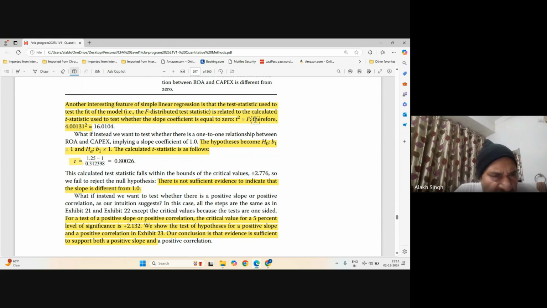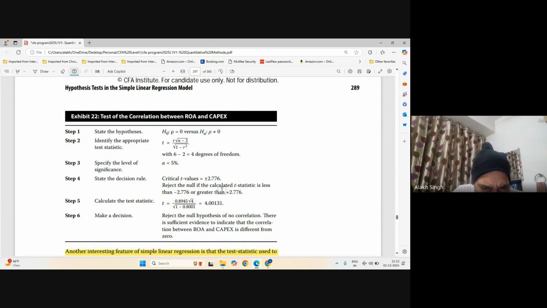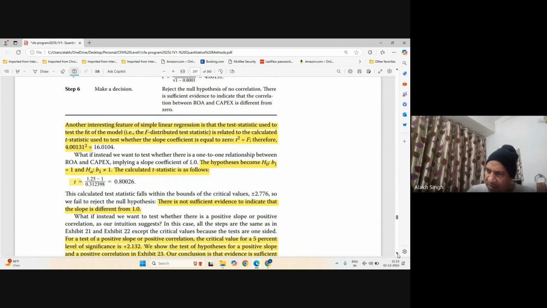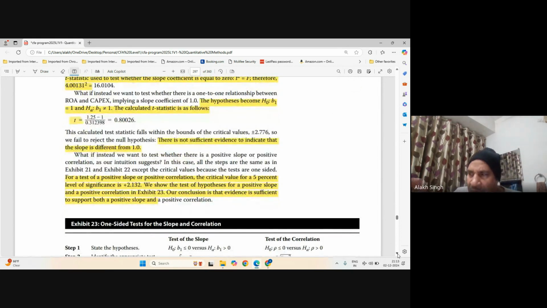So t square is F, and F is 16, so t was calculated 4. So t calculated was 4.0017, and we had calculated F as 16 point something. So it is true that F is t square, but it will not work in multiple regression. It will work only in simple linear regression, because in multiple regression we have many betas and many t's. So F is not the sum of all t squares.